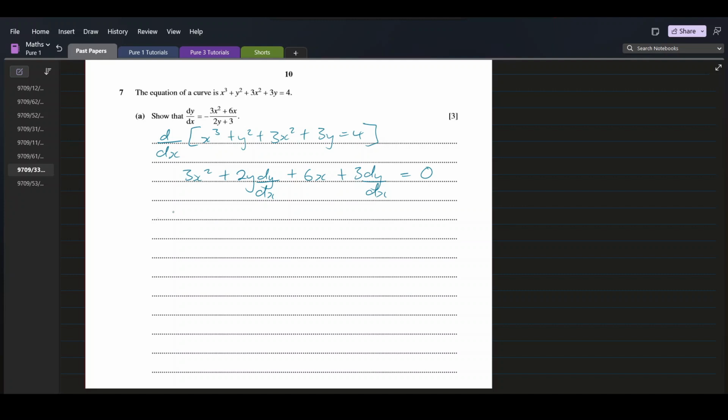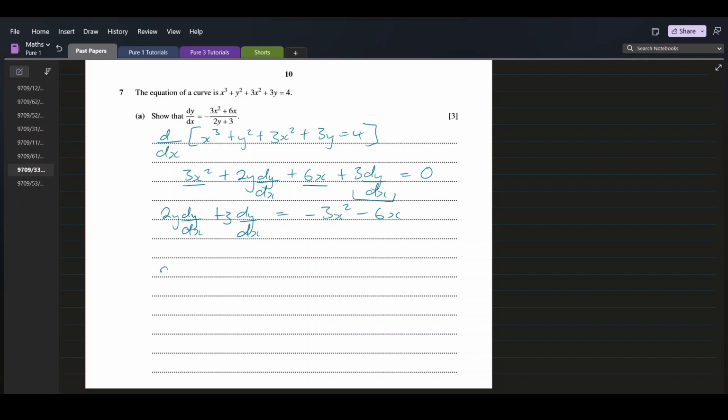Okay, so let's put the terms with dy dx on one side. So 2y dy dx plus dy dx is equal to, let's move the other terms to the right hand side. So that becomes negative 3x squared and negative 6x. This should be 3 dy dx from here.